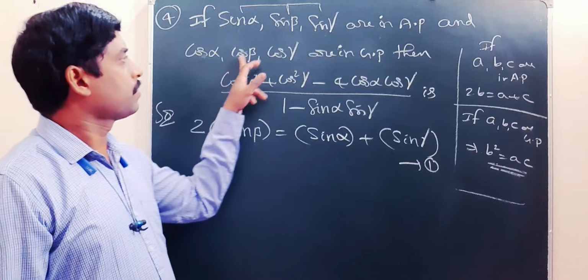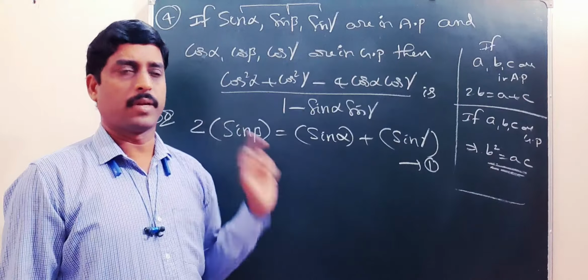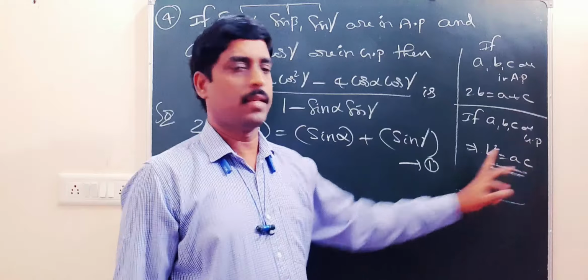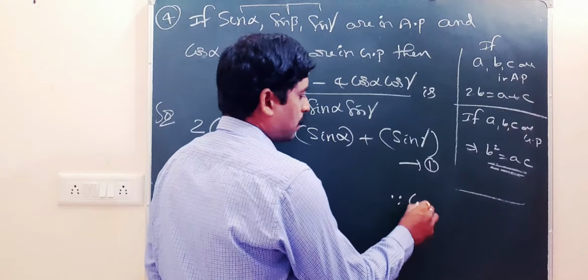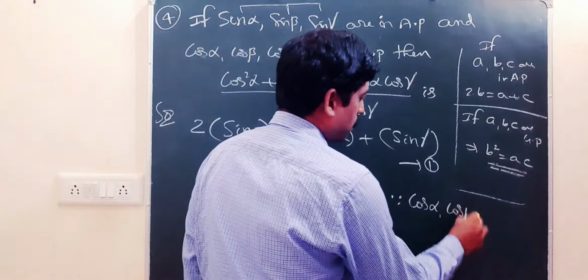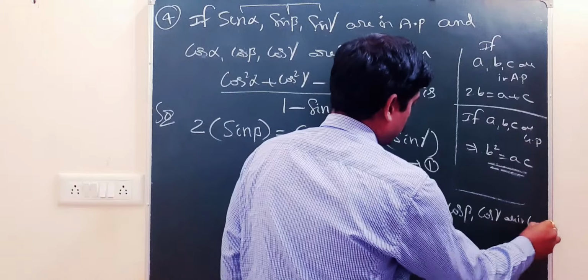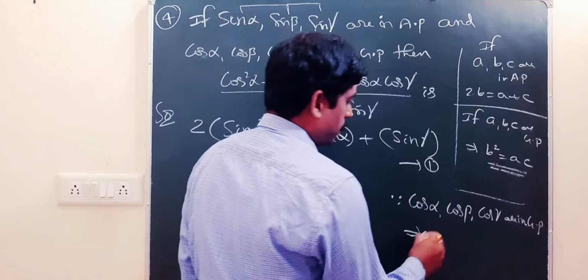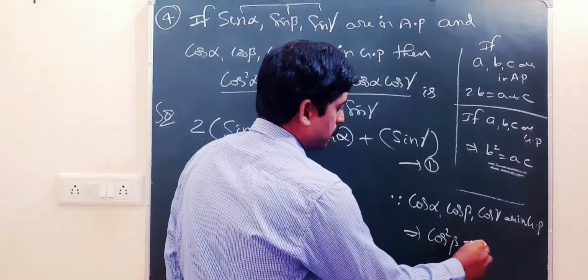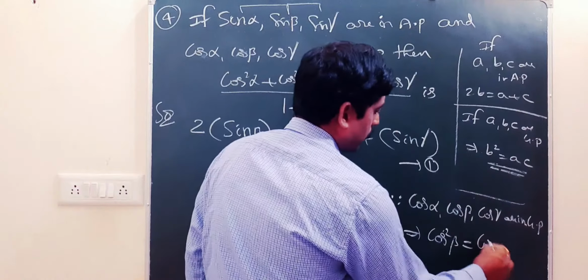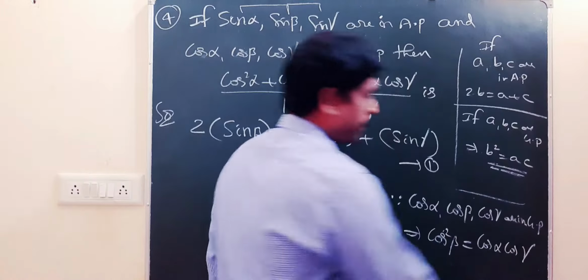And cos alpha, cos beta, cos gamma are in geometric progression. So we apply the formula B square equal to AC. So cos alpha, cos beta, cos gamma are in GP. Therefore, cos square beta equals cos alpha into cos gamma.